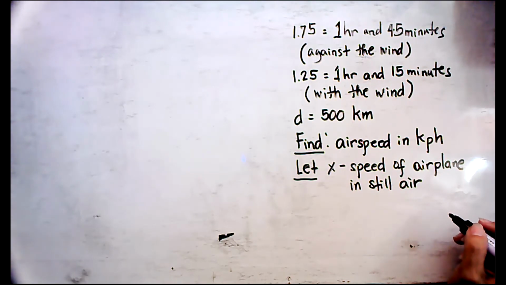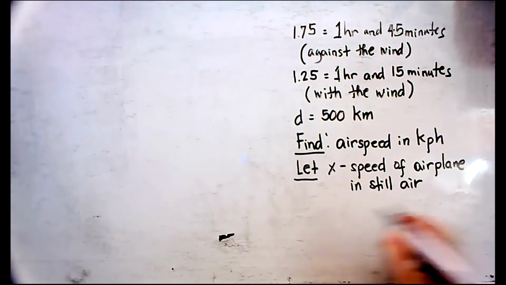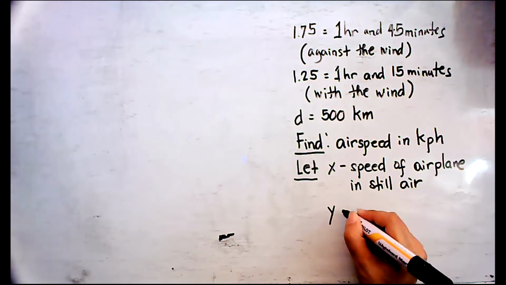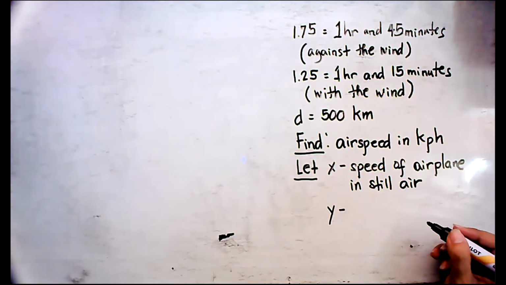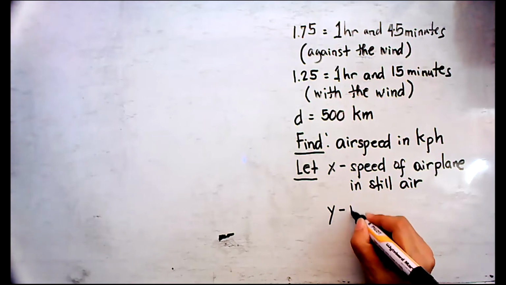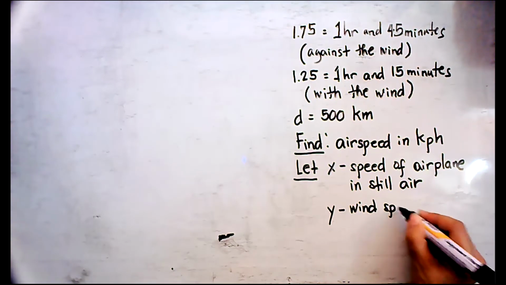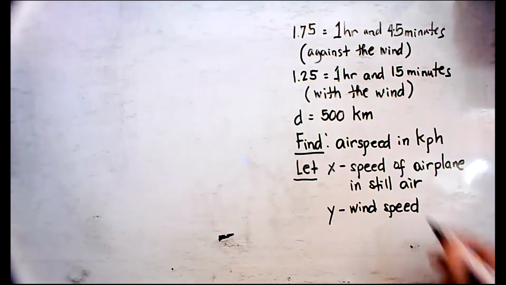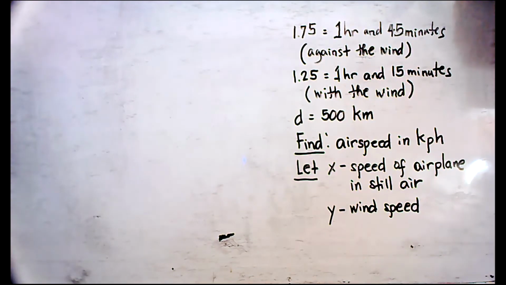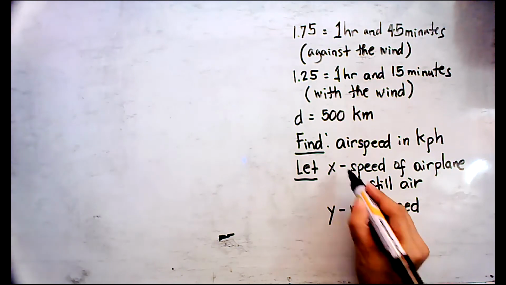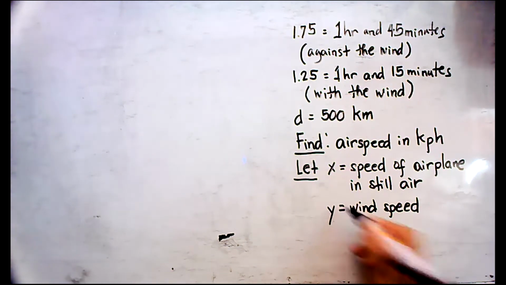So you are going to represent that as x. And then we are going to represent y to be the wind speed or the air speed. So those are the variables that we are going to use.